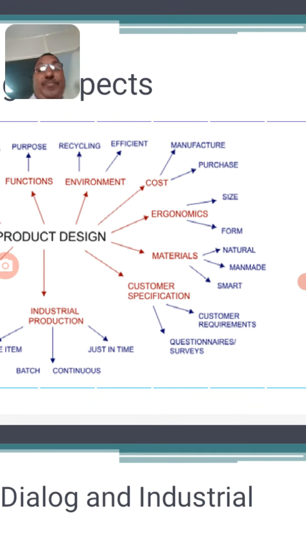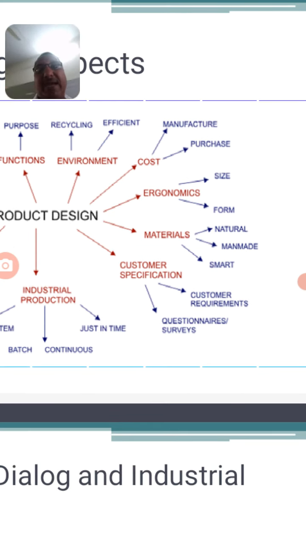Next aspect will be materials. Which type of material we are going to use in the product design, whether it is a natural material, whether it is a man-made material, or whether it is a smart designed material, how it can be purchased, from where it can be bought.